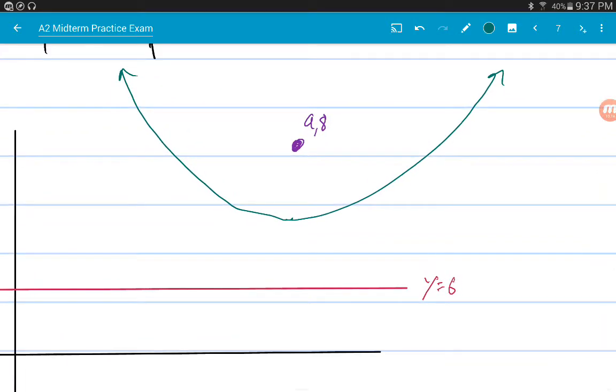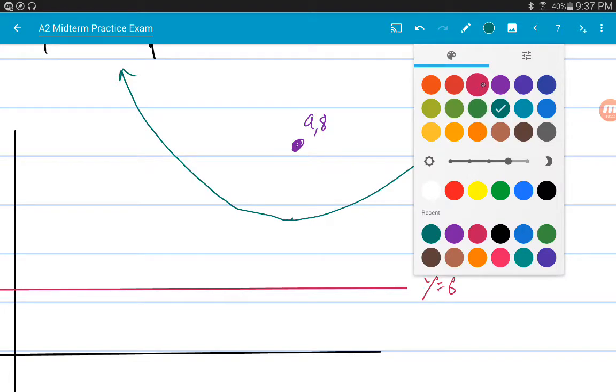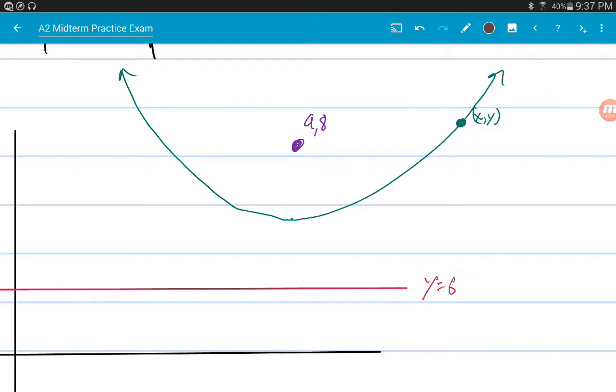What we do then is we pick an arbitrary point on the parabola, and we call that point x comma y. Now, due to the definition of a parabola, that they're equidistant at any point, I know that this line here should be exactly equal to this line down to the line y equals 6. These should be congruent.